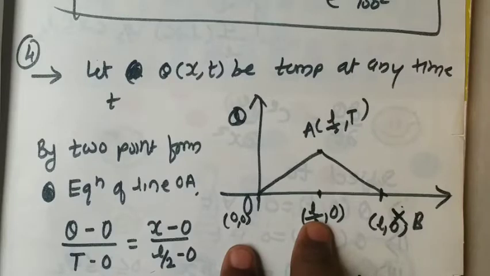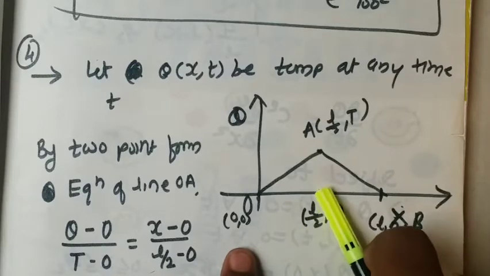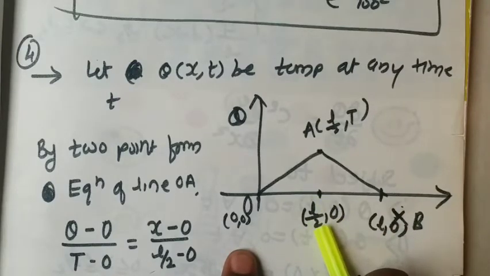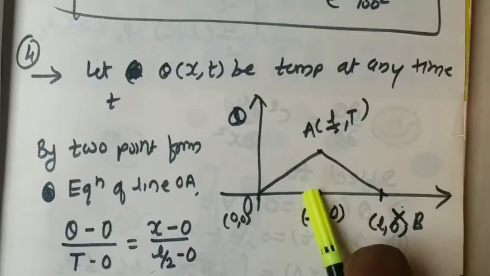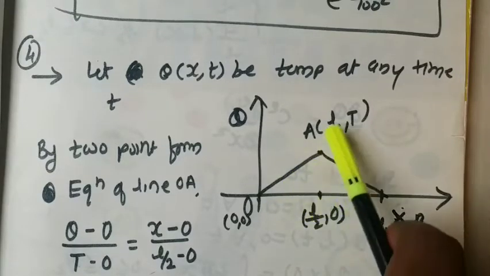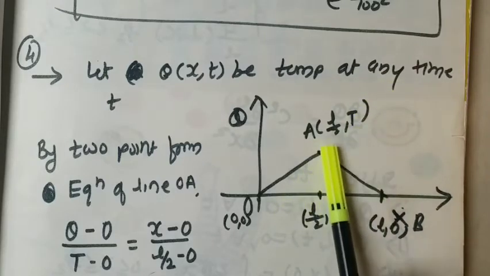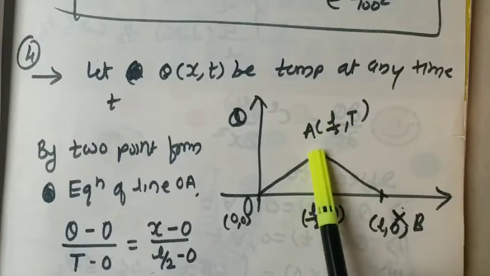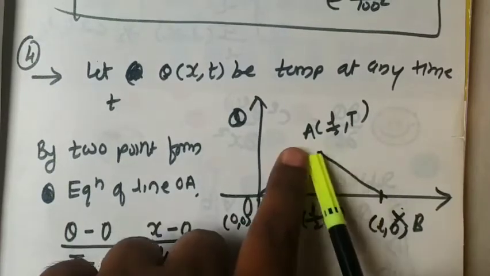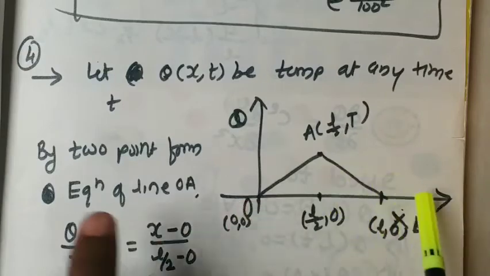At the center, at this point, we have the value of x as L by 2. At the end points the temperature is 0, but at the center the given temperature is capital T. So it will be here, at this point at center, and it is falling uniformly towards 0 at the boundary points. Falling means it goes on reducing up to 0 towards the boundary points.